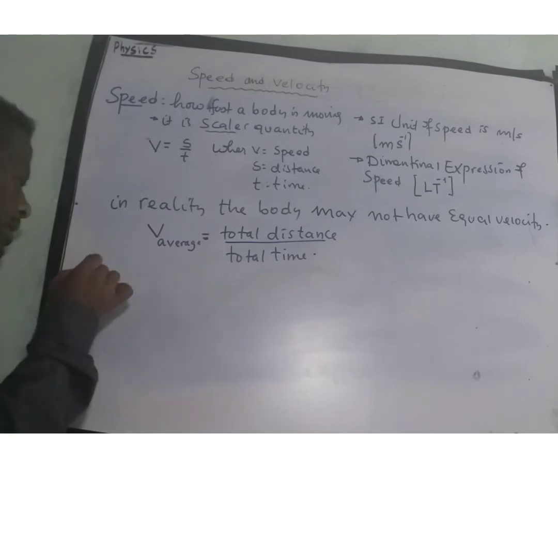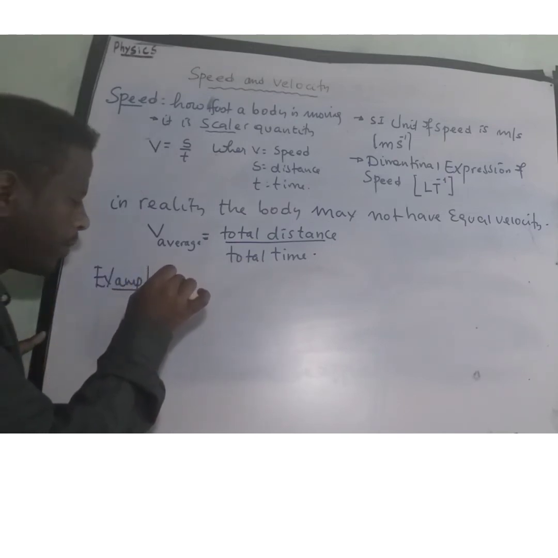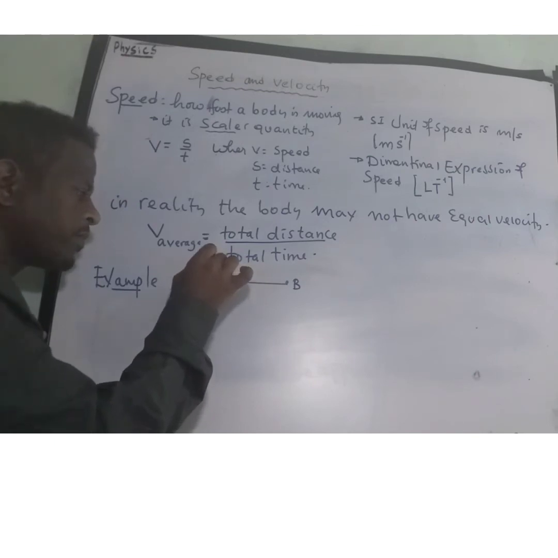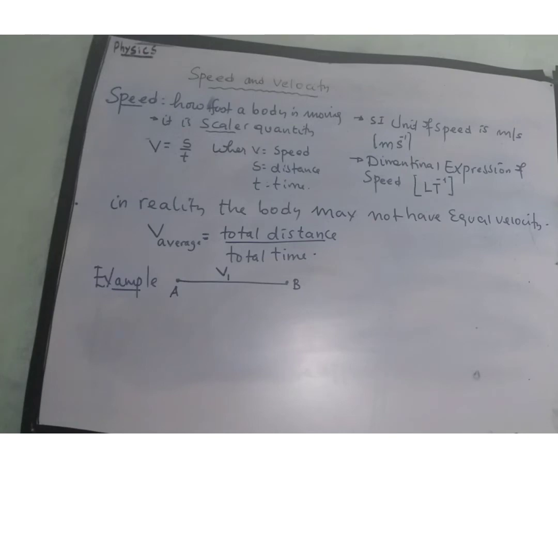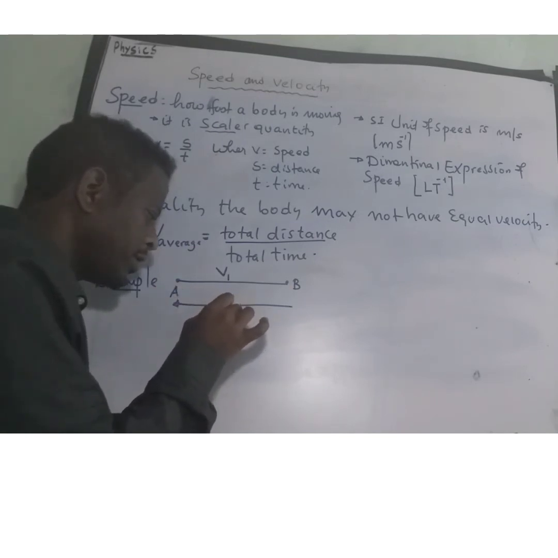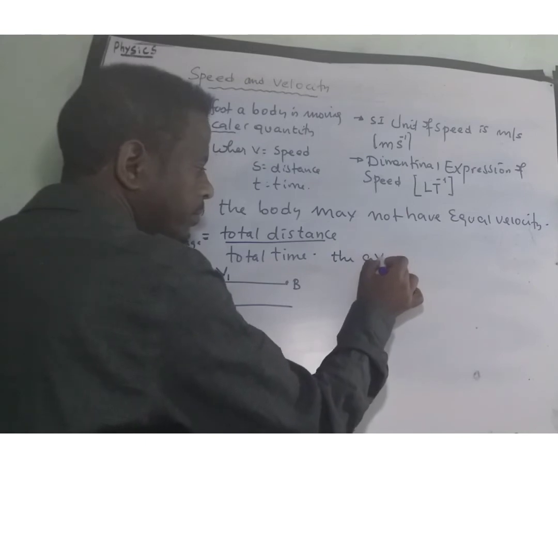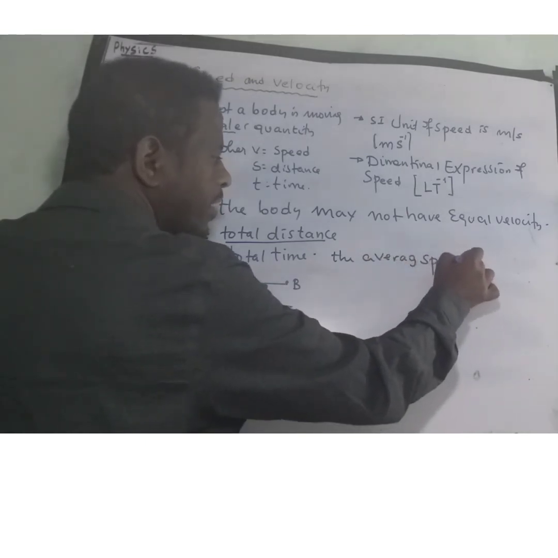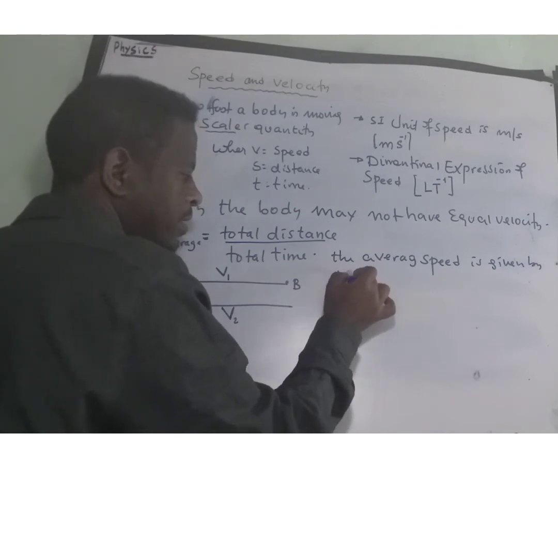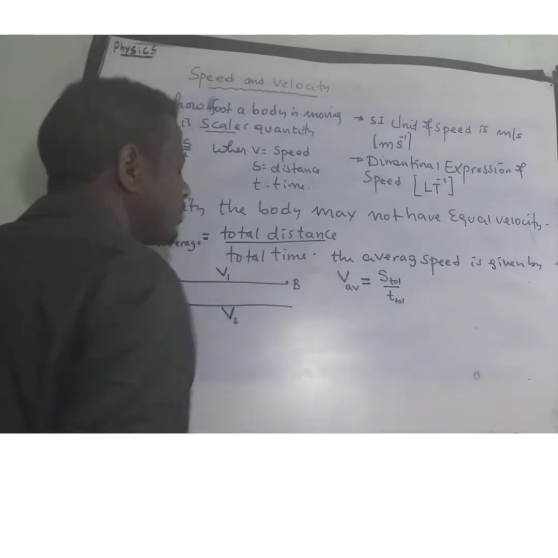As an example, for a body to move from point A to point B with a velocity v1, and if it returns back to A with a uniform velocity v2, the average speed is given by v average equals total distance divided by total time.